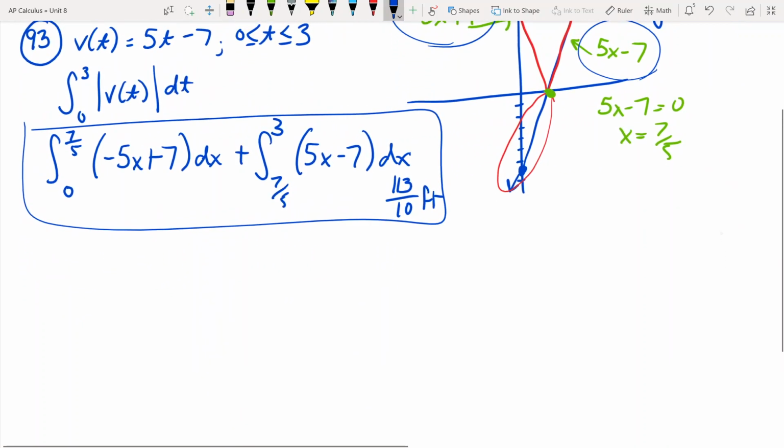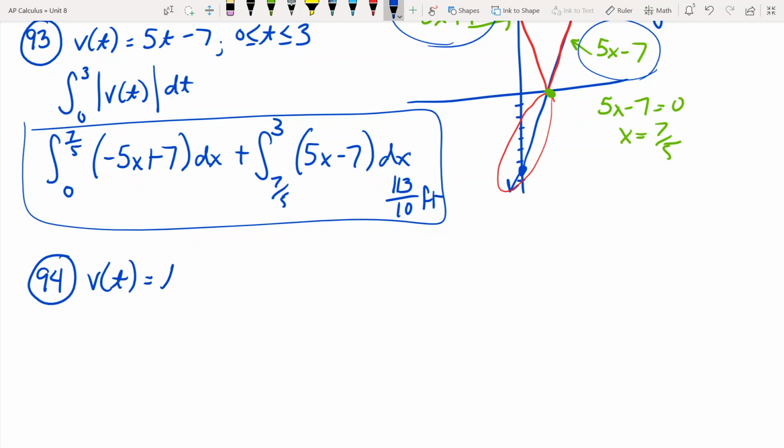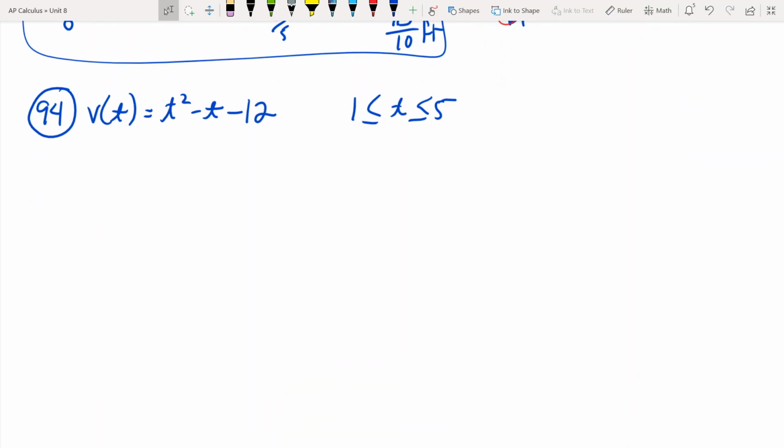Looking at number 94, we were looking at the velocity function being t squared minus t minus 12, and we want the interval from 1 to 5. To start off, we'll factor this and get t minus 4 and t plus 3.